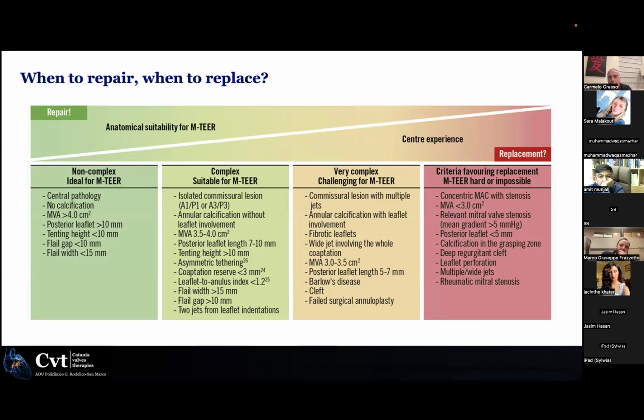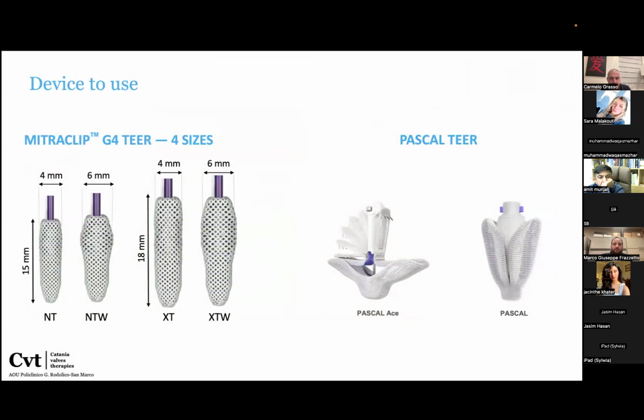When you go toward the right place of the graph, probably the best option is to replace the valve instead of repairing it. But still, we have to come with the replacement device. So maybe it will be the time in a few months.